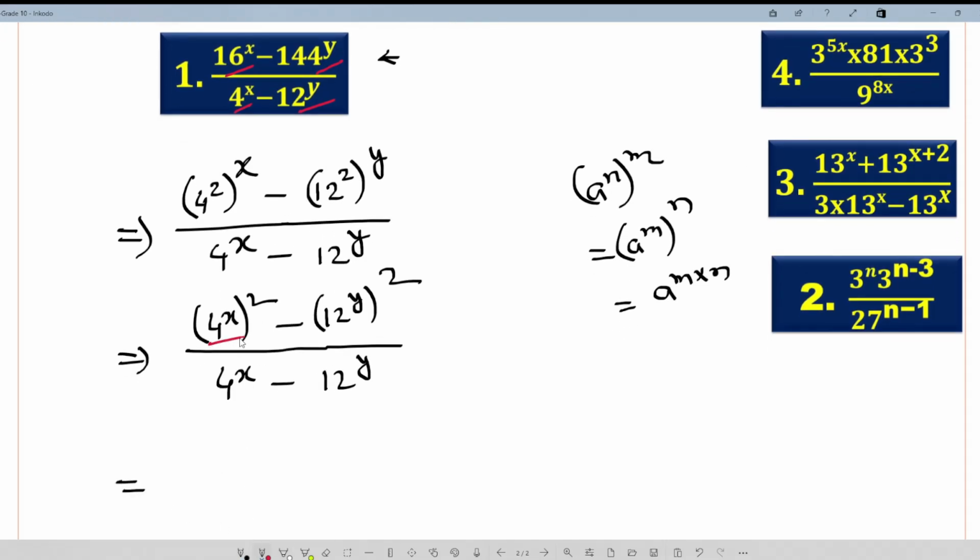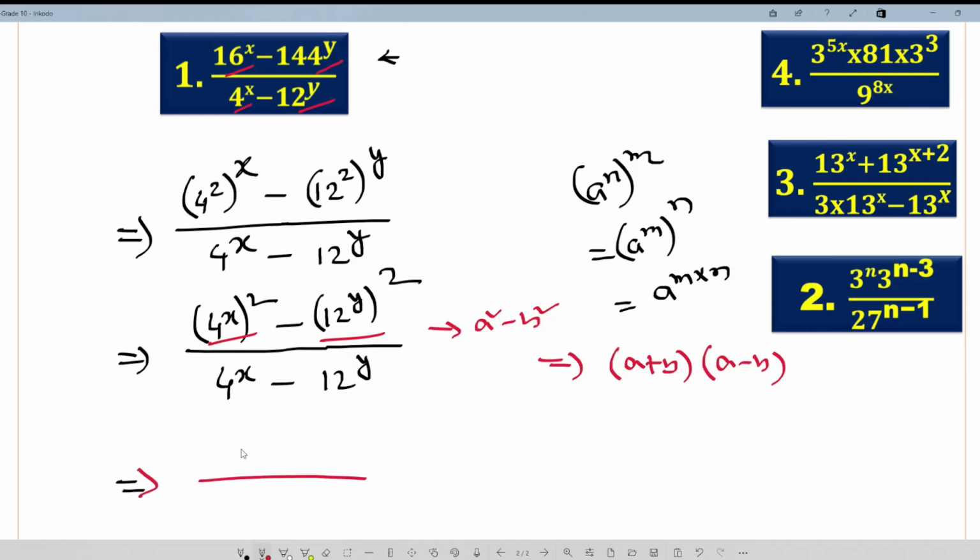this one is looking like a squared minus b squared, right? 4 to the power x is like a, 12 to the power y is like b. We know the formula a plus b times a minus b.